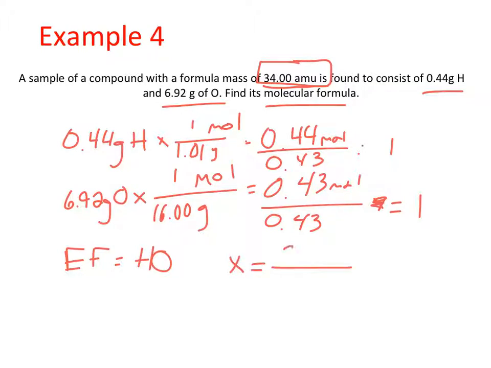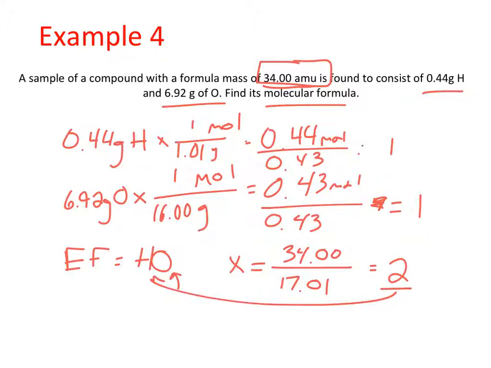I take that 34.00 and divide it by the mass of HO, which is 17.01, and that gives me a 2. That means I need to double the subscripts of my empirical formula. So my molecular formula, which is the answer, would be H2O2.